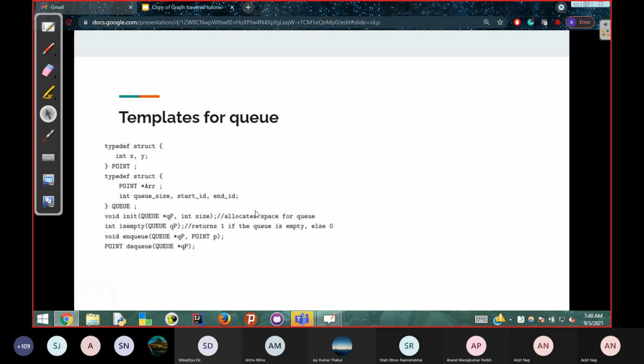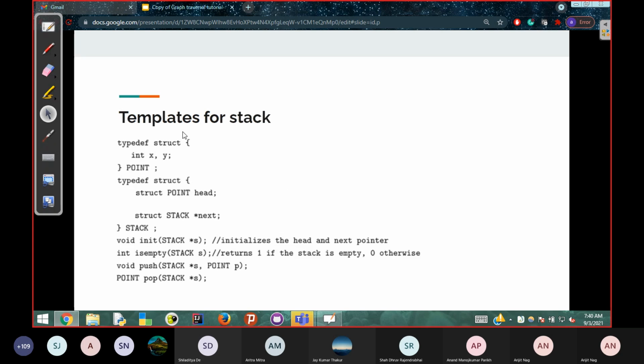I think you already did this in the previous assignment, where you implemented the stack and queue. So the same thing. You are not bound to use any STL. You need to write your own functions for dequeue and enqueue. Same thing goes for the stack: you need to write your own functions for push, pop, and all this.